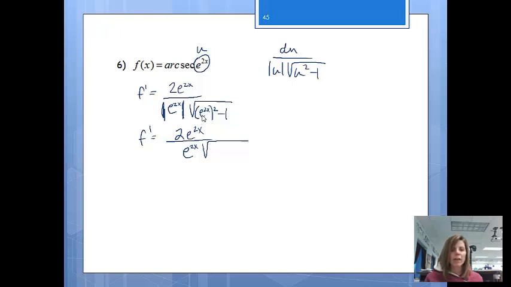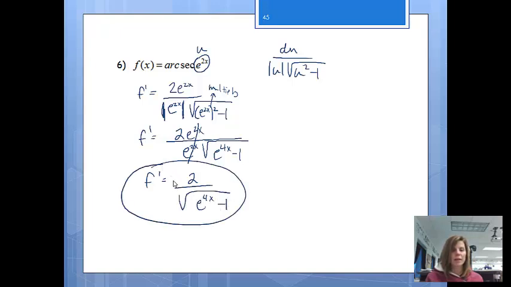And if I have a power to a power, we're going to be multiplying the exponents. So I will get e to the 4x minus 1. And then the last step, since I was able to drop the absolute value symbols, I can cancel the e to the 2x's. So my final derivative will be 2 over the square root of e to the 4x minus 1. So that is my derivative.